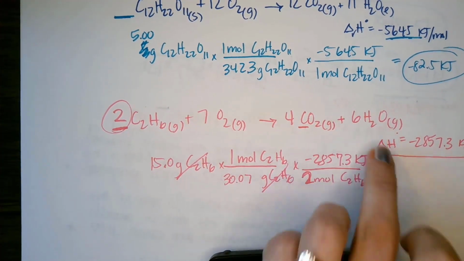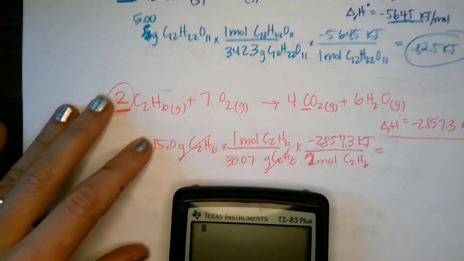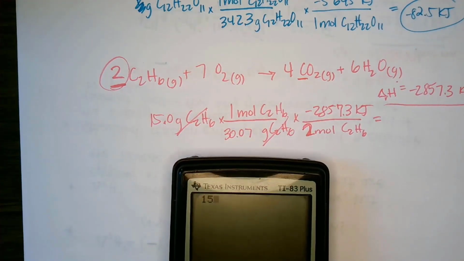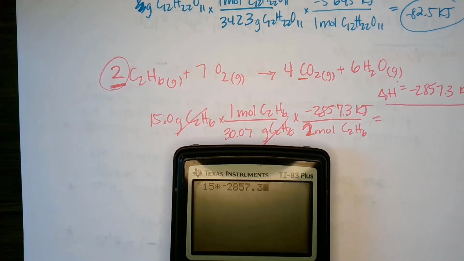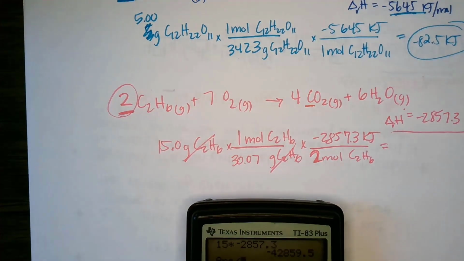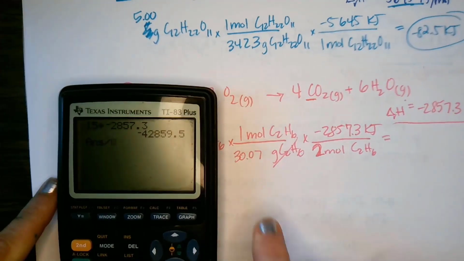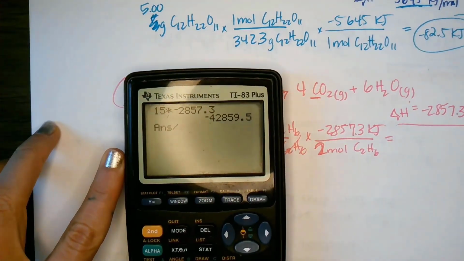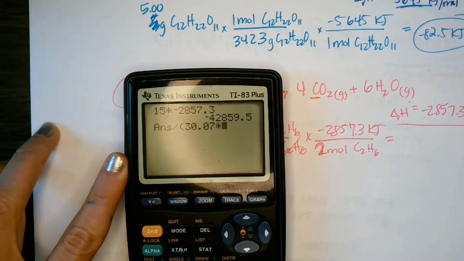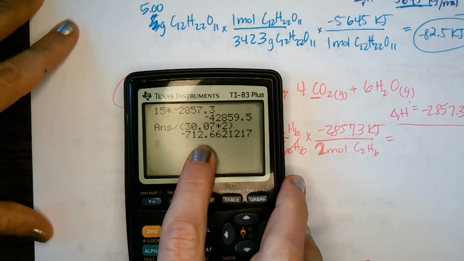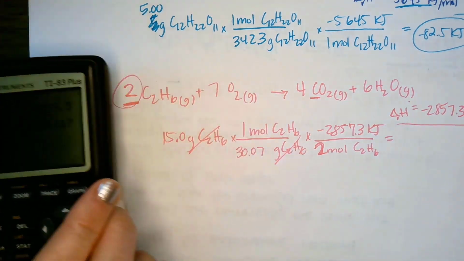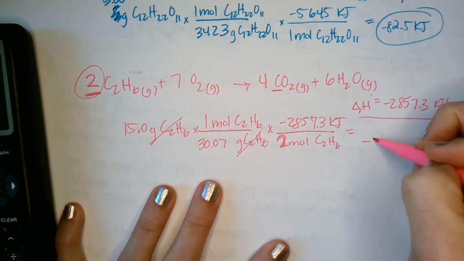Okay, here we go. 15.0 times negative 2,857.3 divided by 30.07 times 2. So I'm going to do 30.07 times 2 in parentheses. And I should get, and I want 3 sig figs, negative 713 kilojoules.